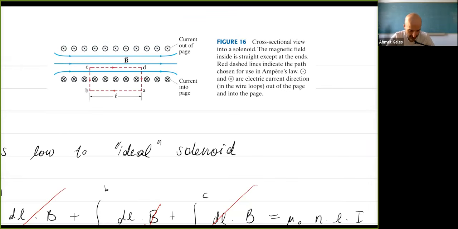So we choose something like this, right? Or I could choose something like that as well. That's perfectly fine. You just keep track of your choice. And I want to calculate the total line integral of magnetic field along this closed box. It has, again, how many contributions? 1, 2, 3, 4 contributions. I can write them down.